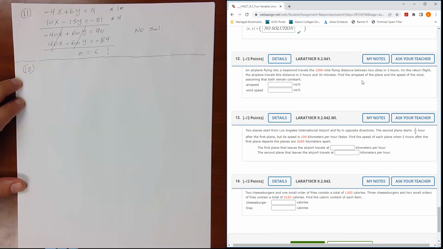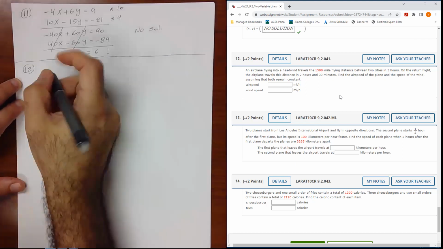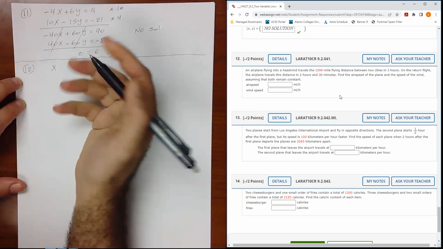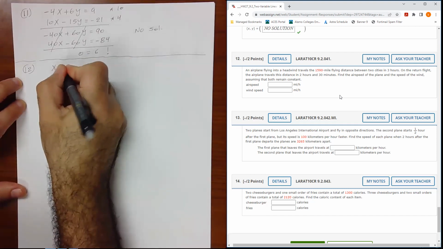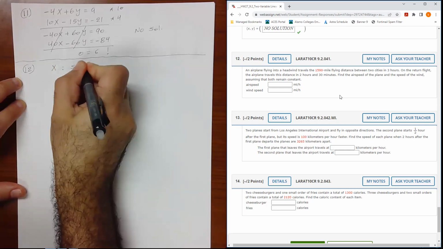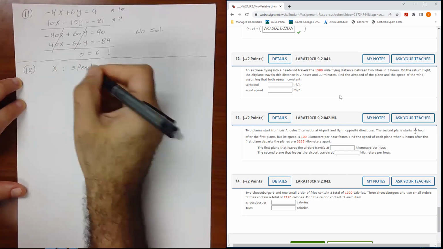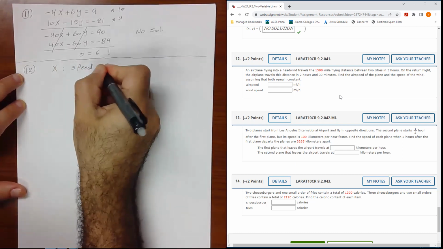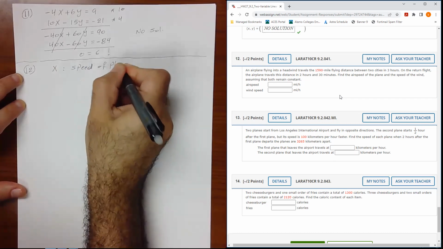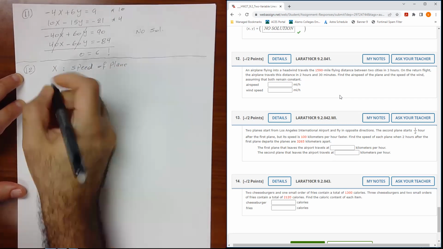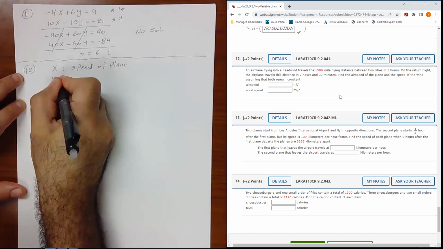Find the airspeed of the plane and the speed of the wind. So let's check here. I'm going to assume that x, we need to find the system. So x is the speed of a plane. And y is the speed of wind.